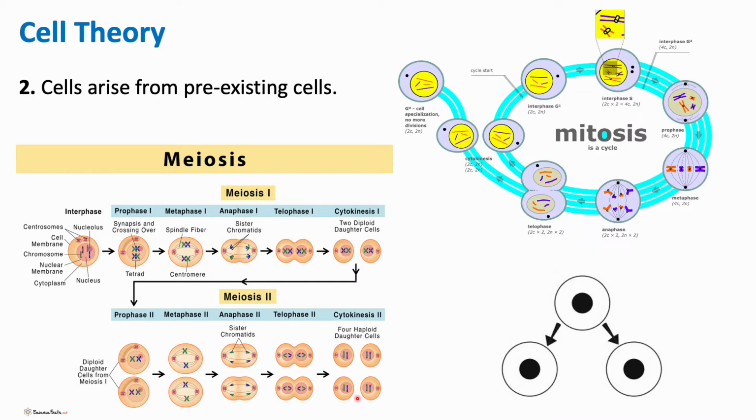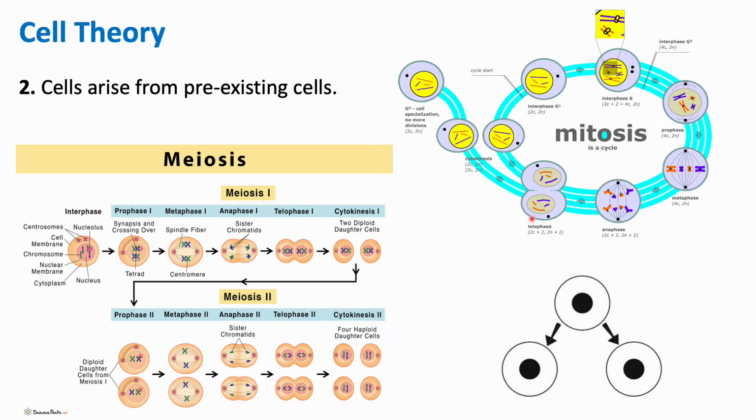Now, the second postulate is that cells arise from pre-existing cells. This is also very important to understand because this means that cells cannot occur spontaneously. They must come from a pre-existing cell. So how do we define that in terms of living organisms? How do we get cells? Well, we get them through mitosis or meiosis.